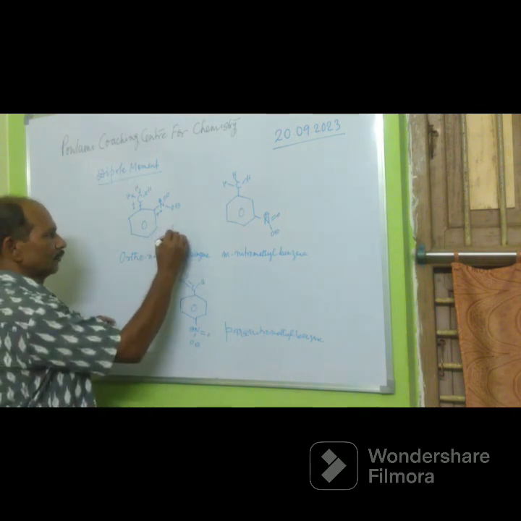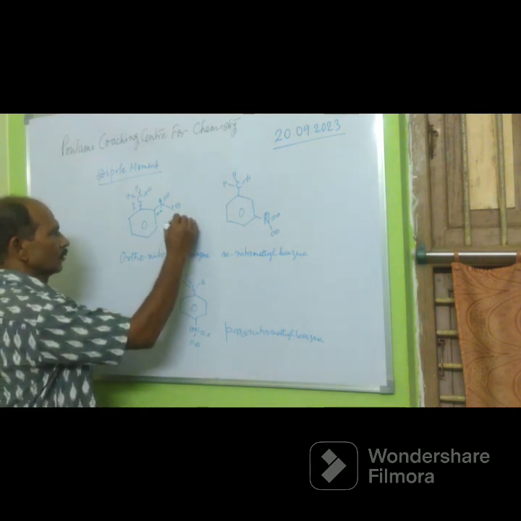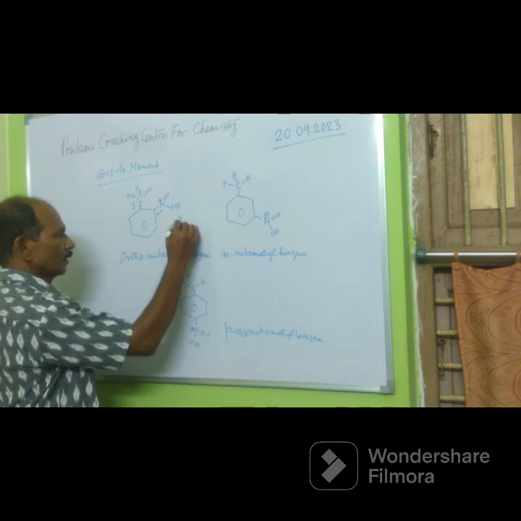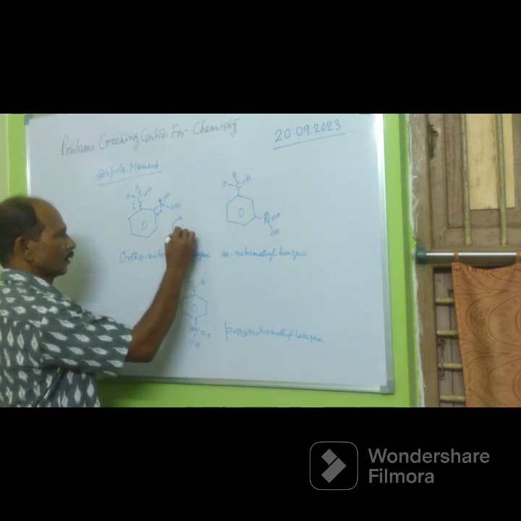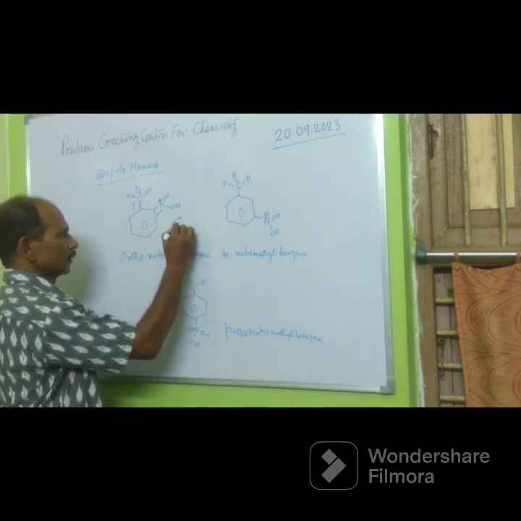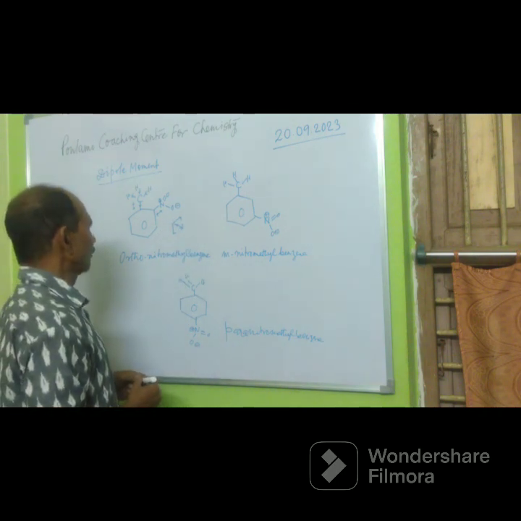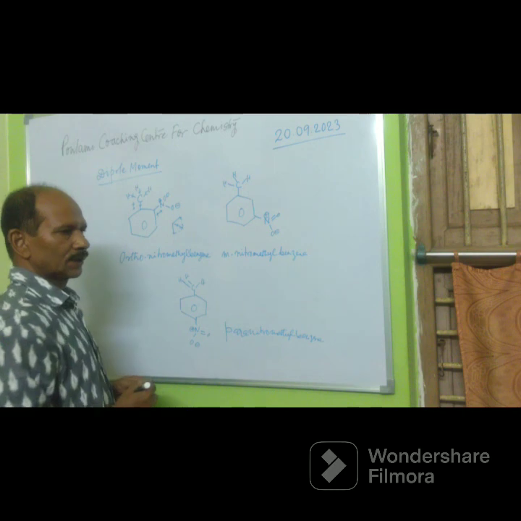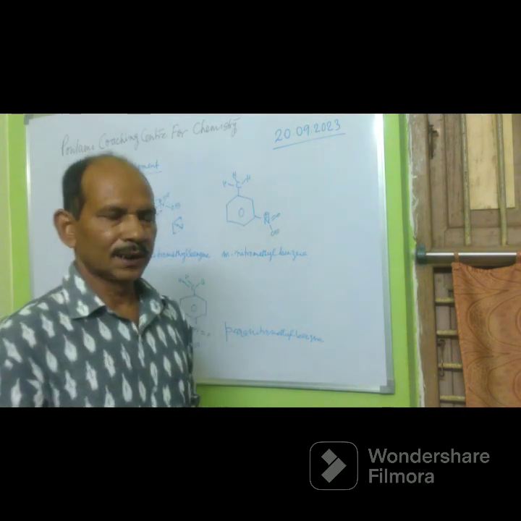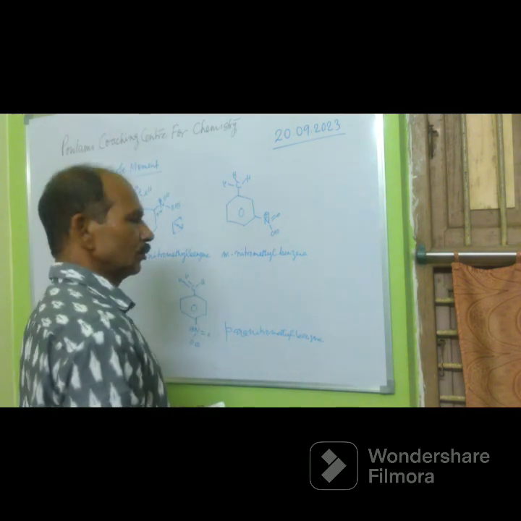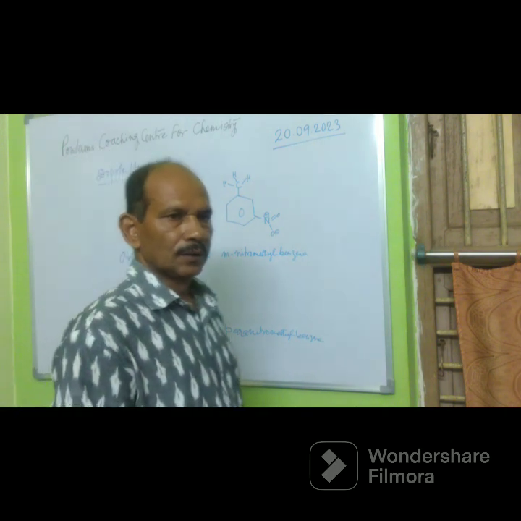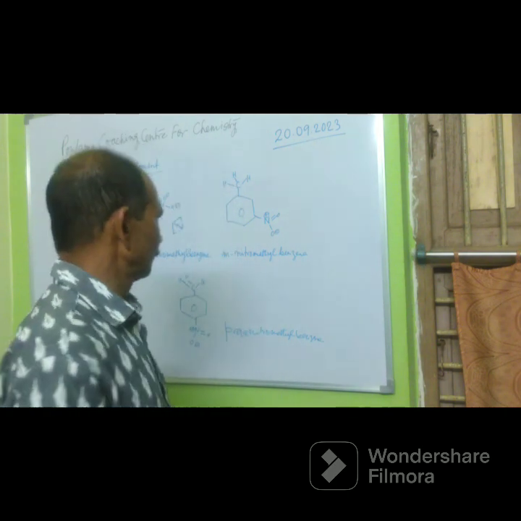So the resultant vector comes in this direction, and you will get the dipole moment of ortho-nitro-methylbenzene. Okay. What about meta-nitro-methylbenzene?